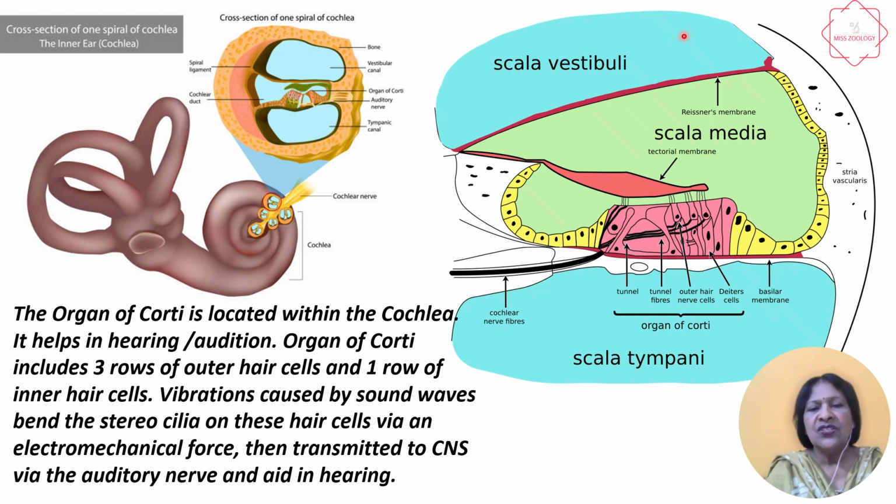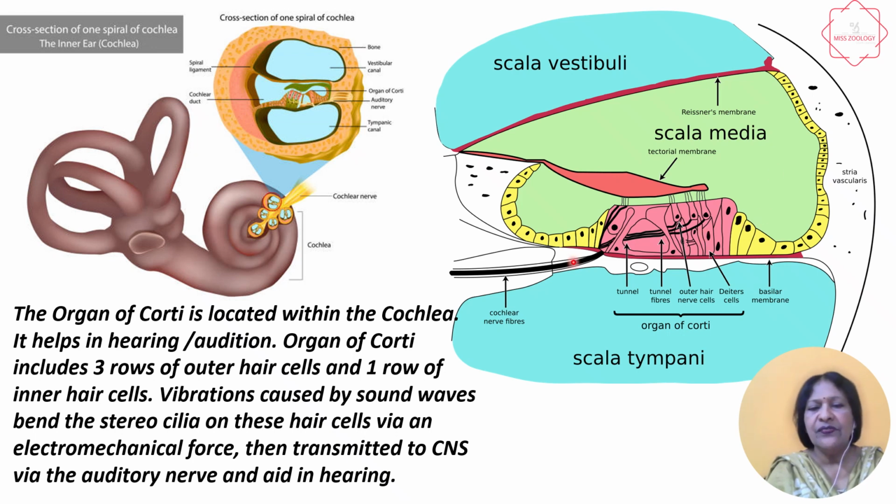This causes disturbance in the fluid and it gets carried through to the scala tympani. The scala tympani is separated from the scala media by a stiff basilar membrane. So this basilar membrane is set into vibration, and sitting on the basilar membrane is the organ of Corti.